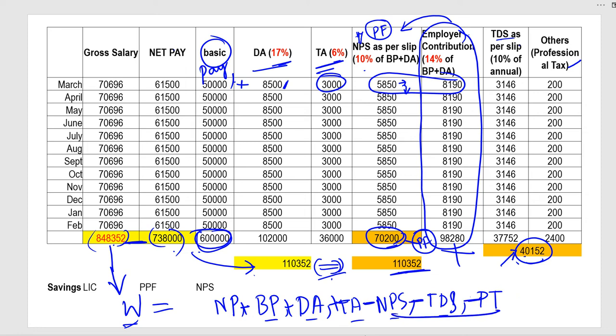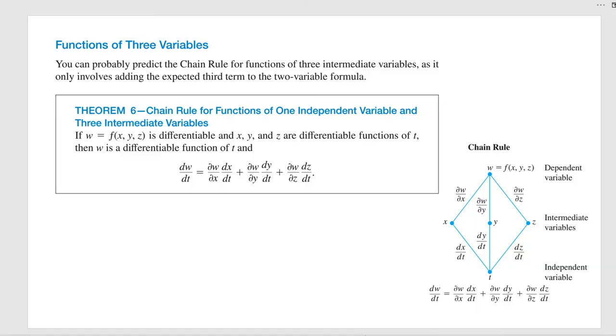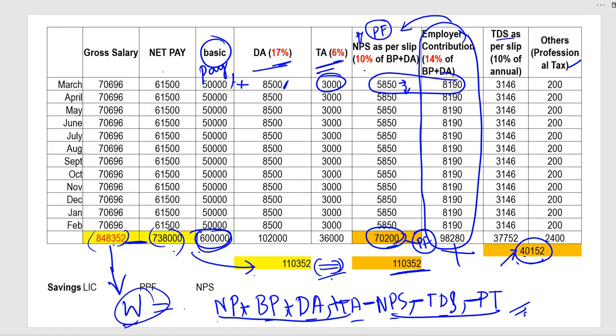So total deduction and total income, net pay, together they will form one function of several variables. So this net pay is a function of several variables, and in fact gross salary also is a function of several variables. Now these can also be functions of some other functions.